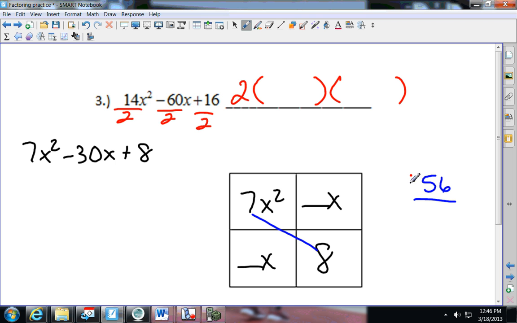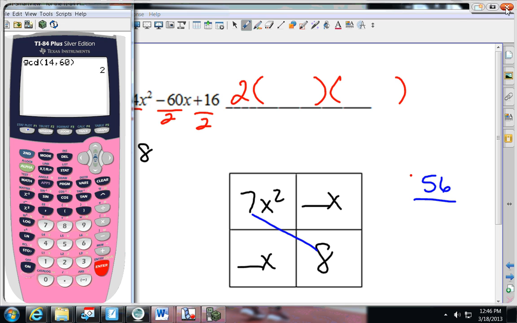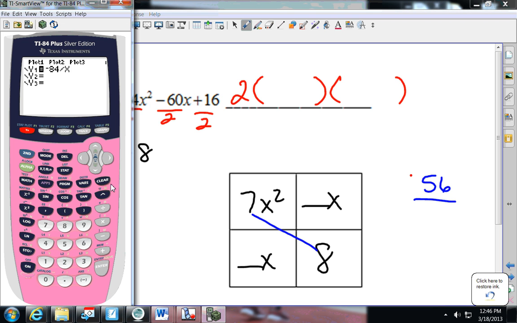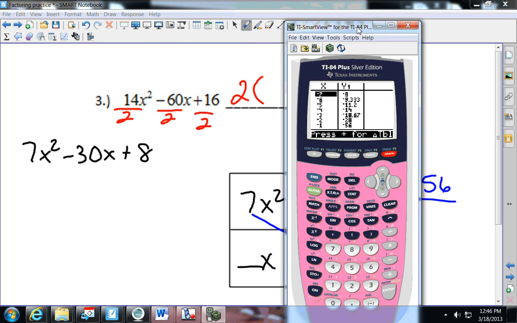So the factors of 56, if you don't remember, go into the calculator, go to y equals, oops, turn that off, all right. Let's put in there 56 divided by x, second graph. I need the factors to add up together to give me, not negative 60, what number is it? Negative 30.